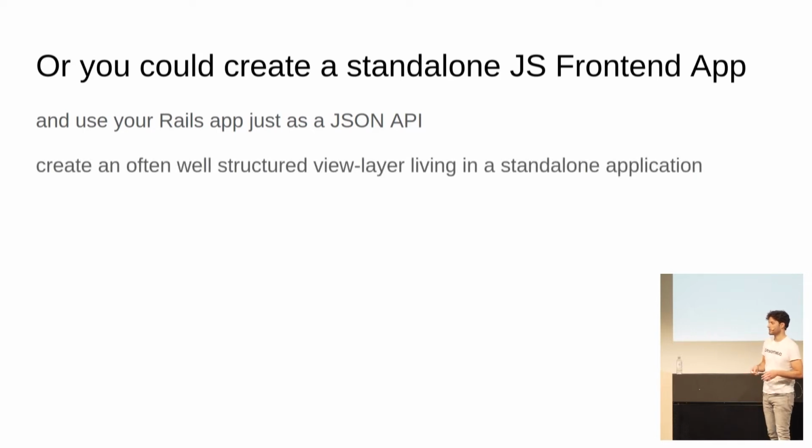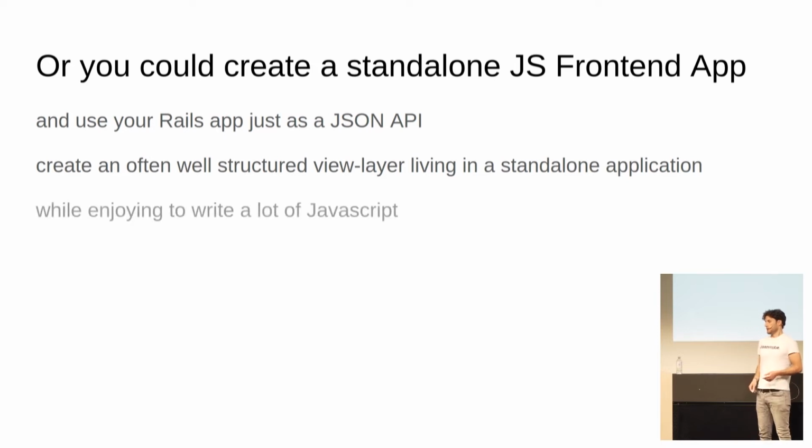You often end up with a well-structured view layer, because it's good software engineering that has happened in Vue.js, React and Angular. I don't want to say anything against it. It is well-structured, but you have to enjoy writing a lot of JavaScript. That's where the problem begins, because I don't enjoy that.